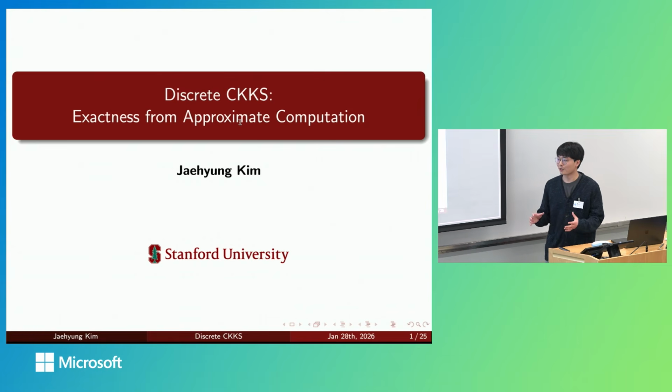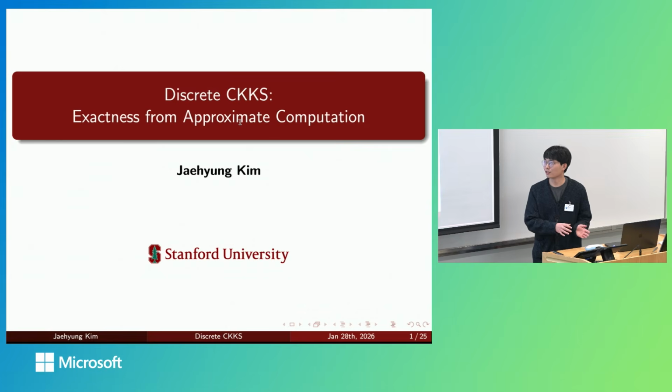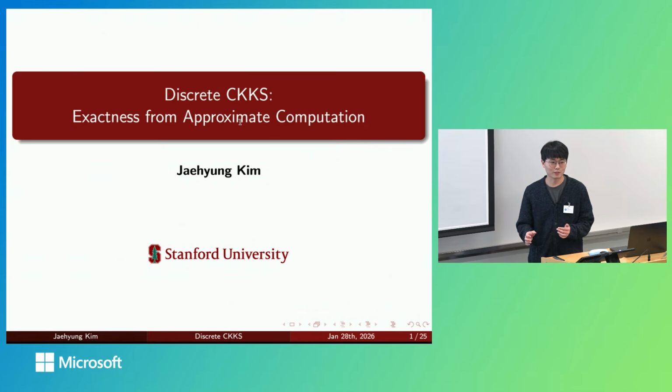In terms of presentation overview, it's more like telling you a story about how you start with a noisy approximate computation system and try to build an exact computation system. So it will be kind of a cute math talk, I would say, but also some intuitions on FHE.